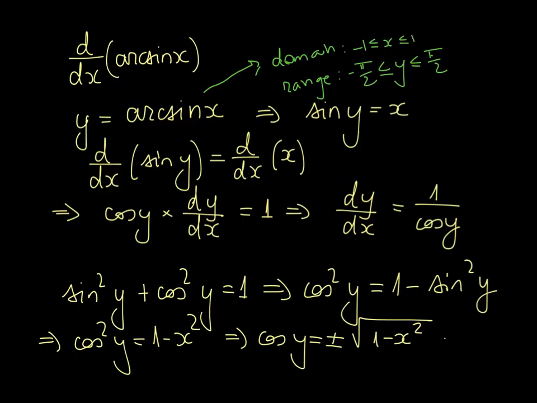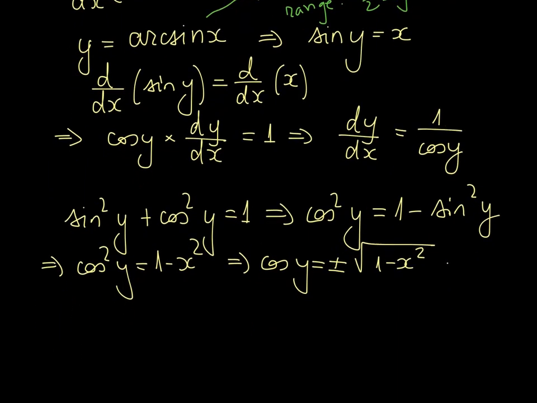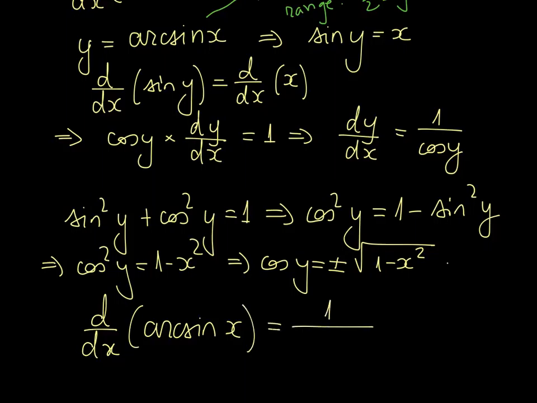Now for this range, when y is between minus pi over 2 and pi over 2, cos y for angles in the first and fourth quadrant is positive. Therefore, I need to take plus. So I conclude that cos y is plus the square root of 1 minus x squared. Therefore, the derivative with respect to x of arc sine x is 1 over cos y.